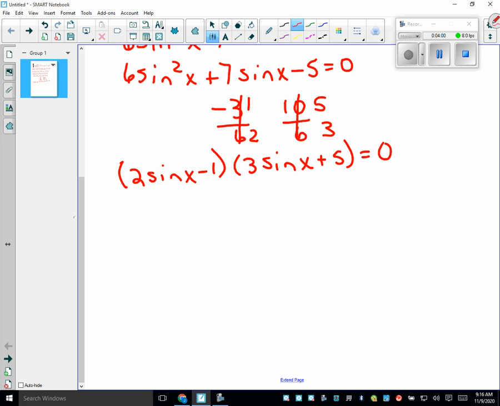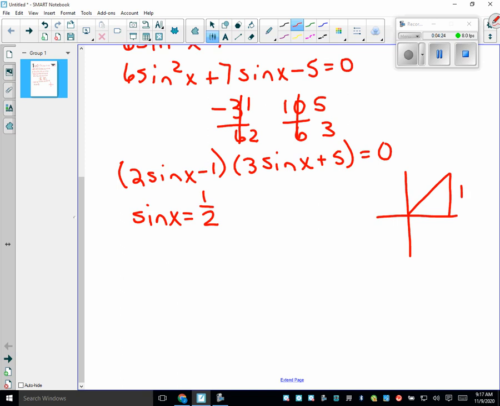So for the first one, what is sine of x equal to? What quadrants is that going to happen in? 1 and 2. Do we agree? And it's 1/2.